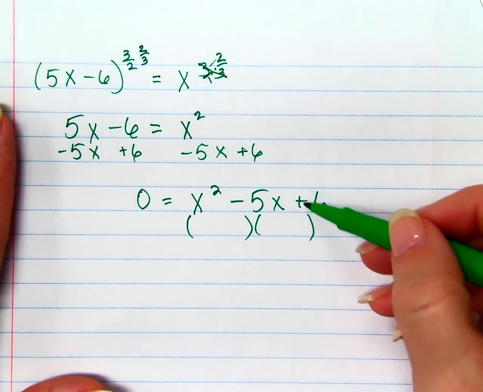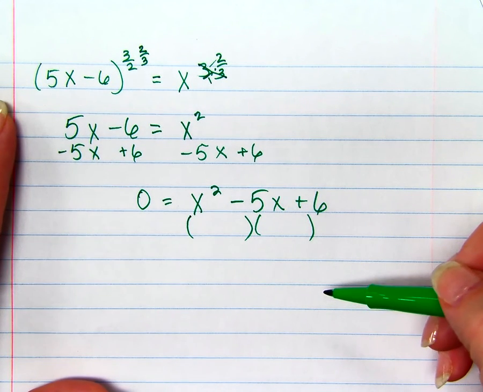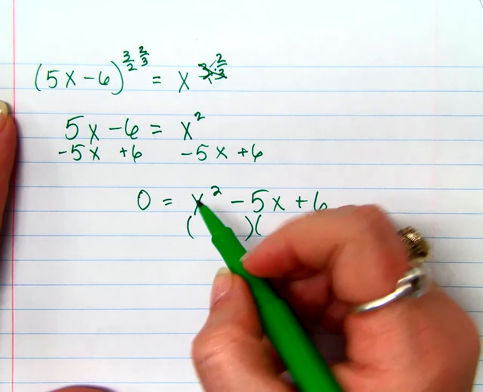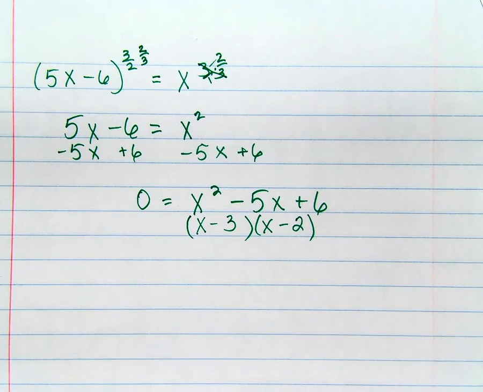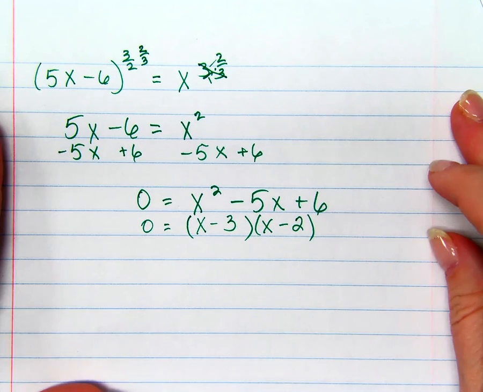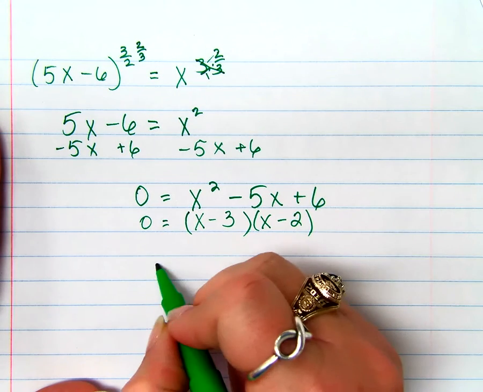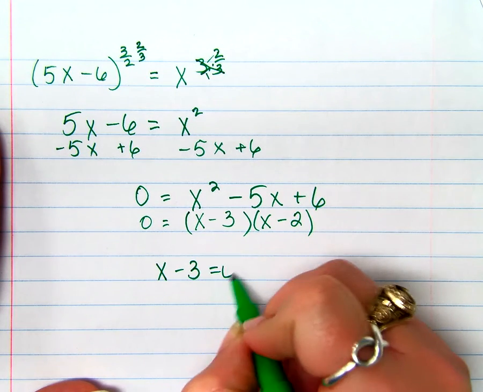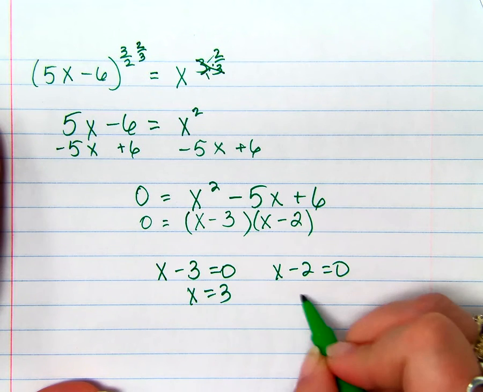What multiplies to be 6 and adds to be negative 5? 3 and 2. Negative 3 and negative 2. If these are my factors, what do I do with each one of those factors? Set it equal to 0. So x equals 3 and x equals 2.